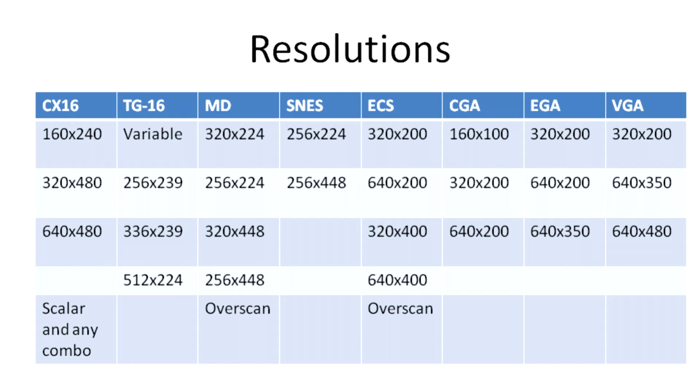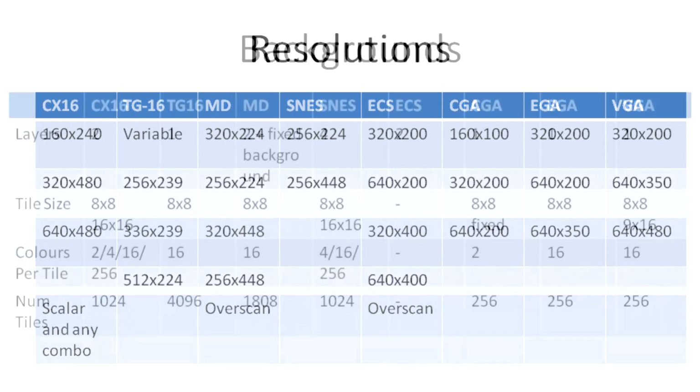VGA is 320 by 200, 640 by 350, and 640 by 480. So basically the CX16 is more CGA to VGA than the traditional consoles. Unsurprisingly, because it's designed around the VGA output system and not television output.